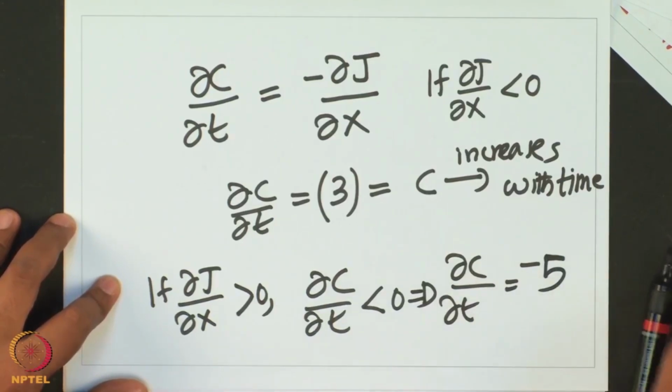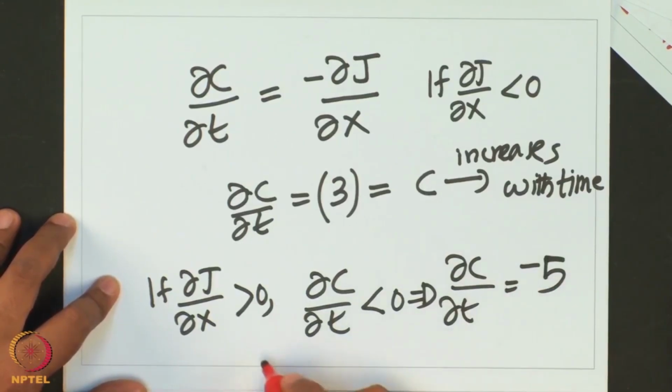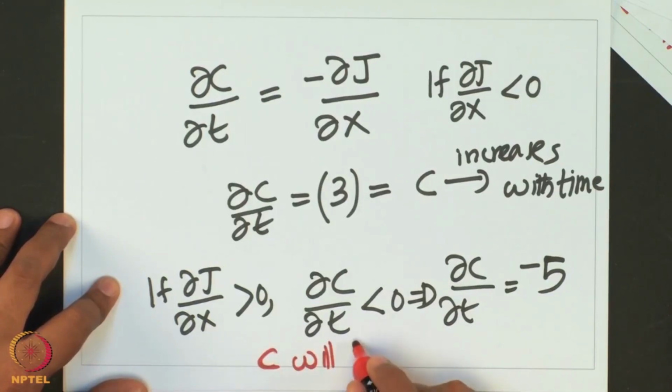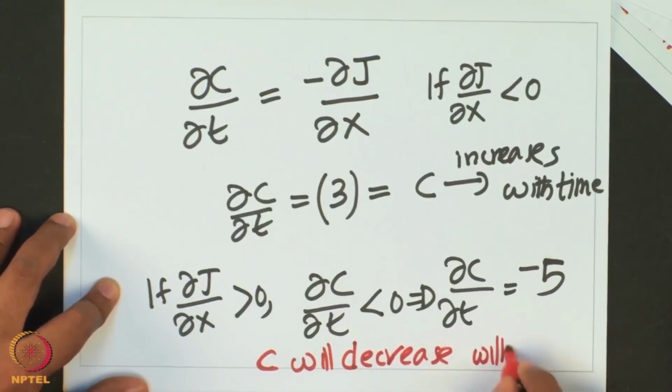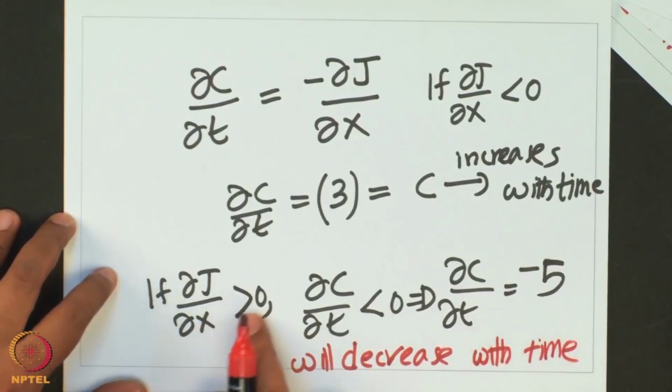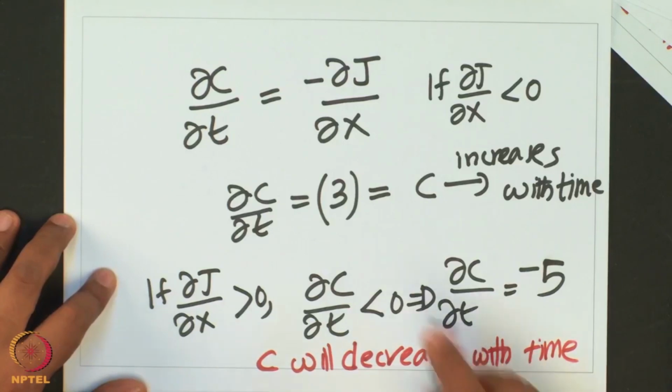This would mean that C will decrease with time. C at that middle location will decrease with time. So, if del J by del X is greater than 0, C will decrease with time.